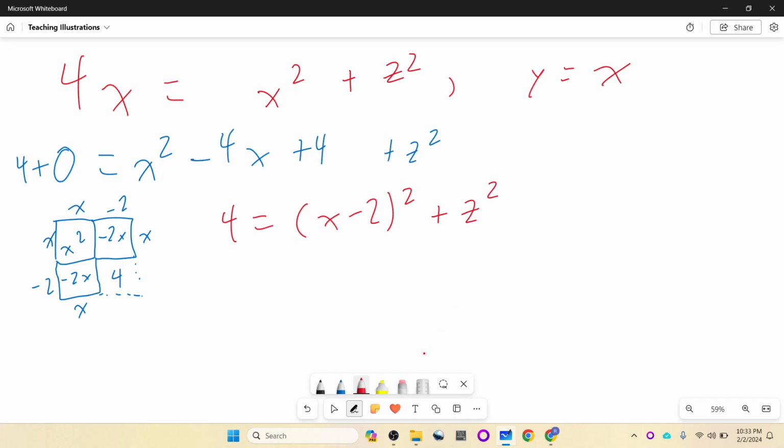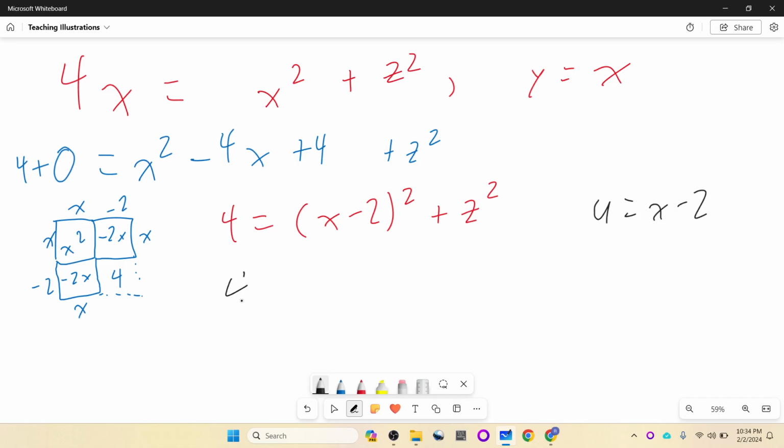Now this shape is weird. It looks kind of like a circle, but it's off a little. Maybe you know what this is, maybe you don't. I'm going to write a step here, which you don't have to write out if you don't want to, but I'm going to explain it. Let's do a substitution. u is x minus 2.